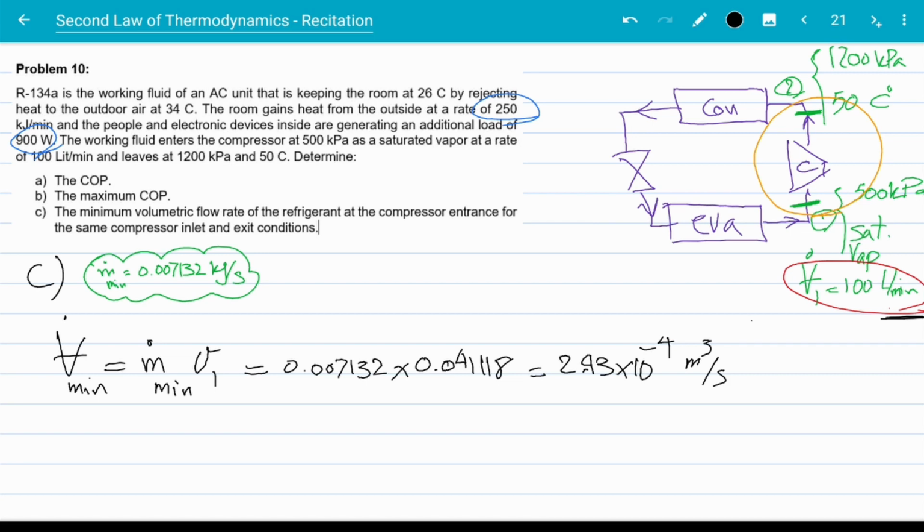Now, this is the final answer, but because the initial volumetric flow rate was given in liters per minute, let's change the units to liters per minute. You will get minimum volumetric flow rate at the entrance of the compressor is 17.58 liters per minute.